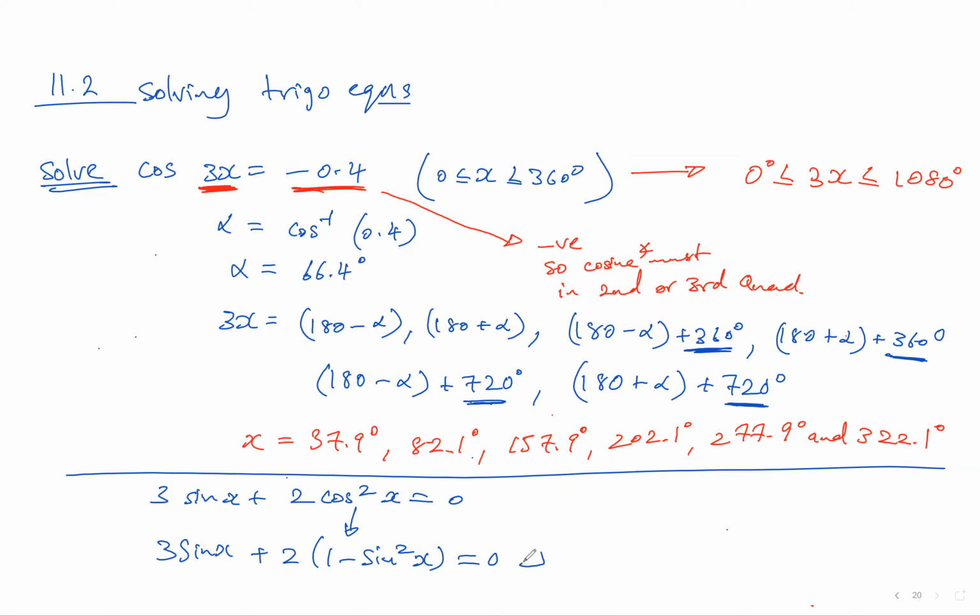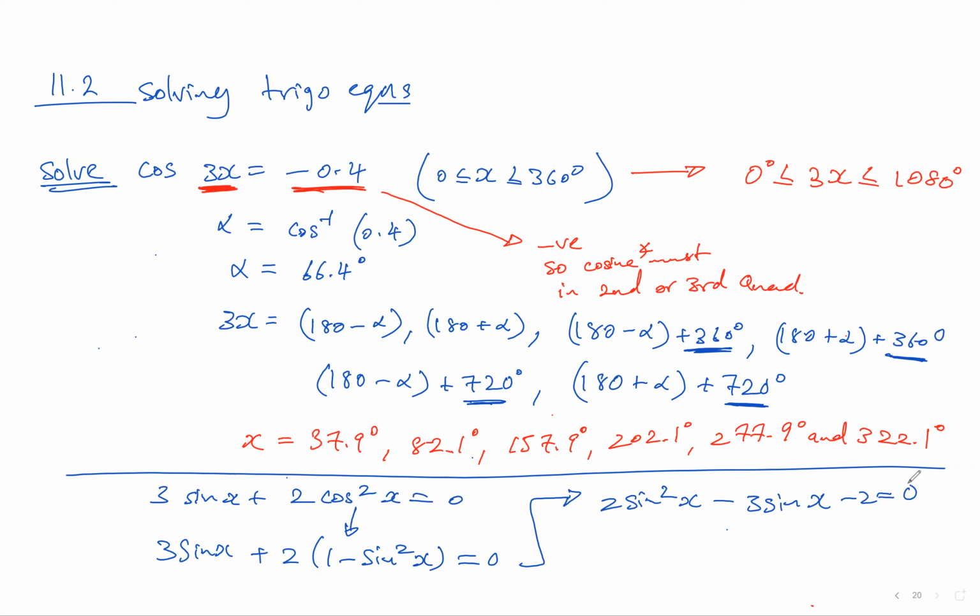So if you notice, it will turn out to be minus 2 times 2 throughout. So 2 sine squared x minus 3 sine x minus 2 equals 0.